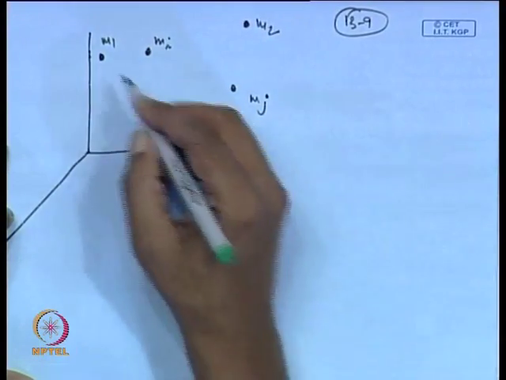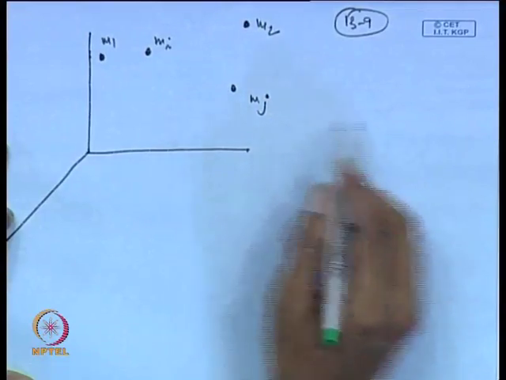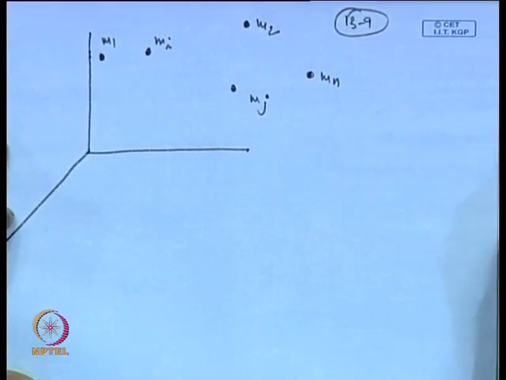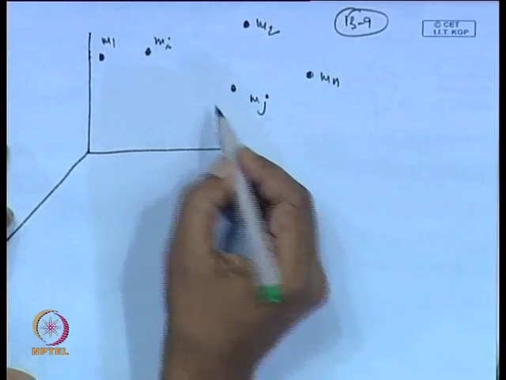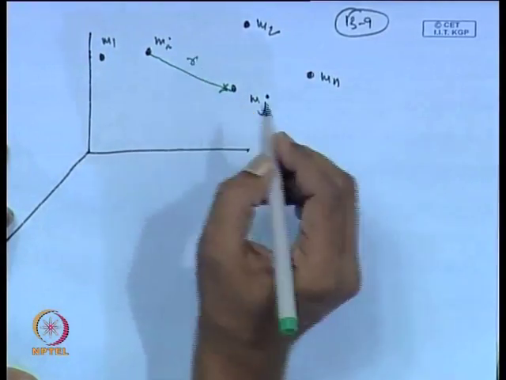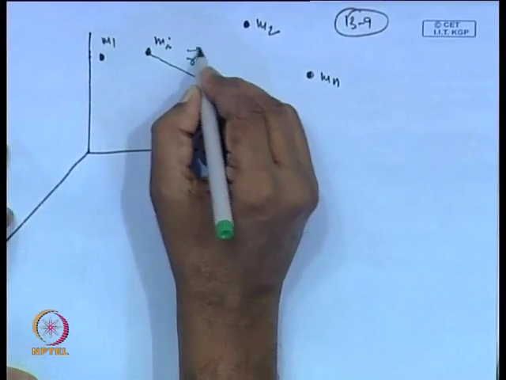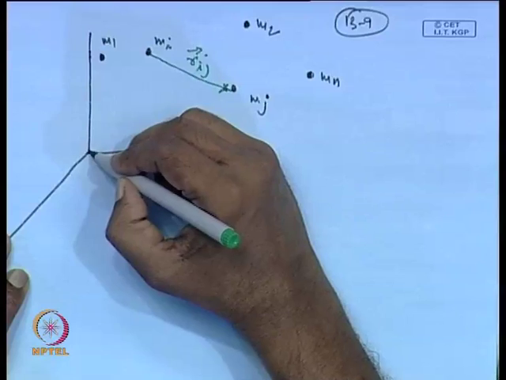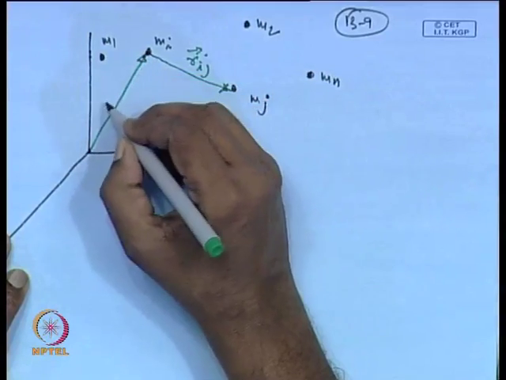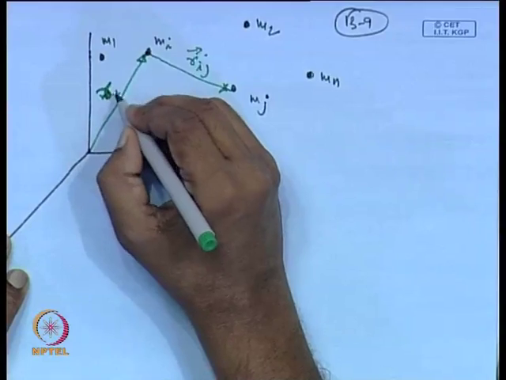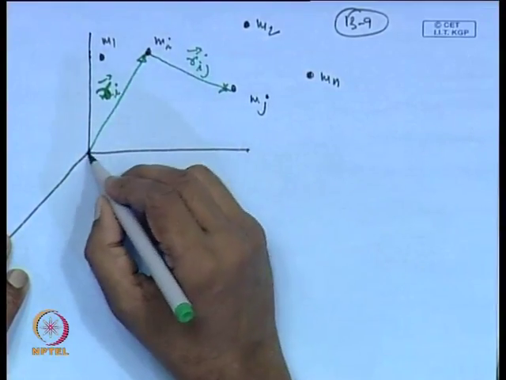Okay, let us consider that these are the number of particles available here, and somewhere this is Mn. This is Rij. This is Ri.